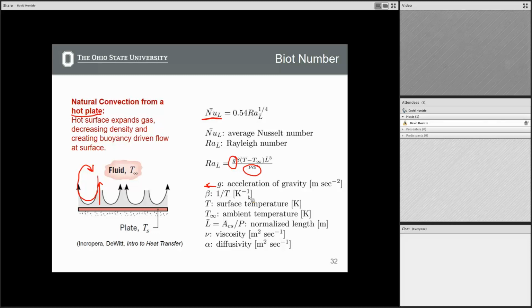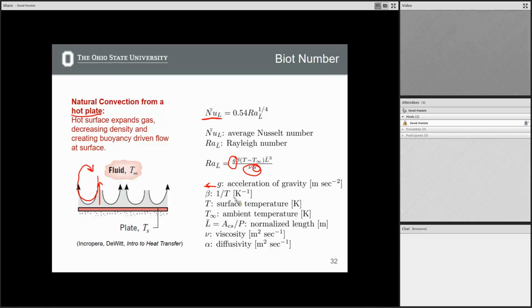So what this is looking at is basically the ratio of forces in this fluid driven by buoyancy forces, some sort of temperature difference in the fluid, compared to viscous forces, also with a factor of now conductivity in that gas itself. That is what the Rayleigh number is. Kind of a very brief overview is what it's trying to capture. Does that make sense? Okay.